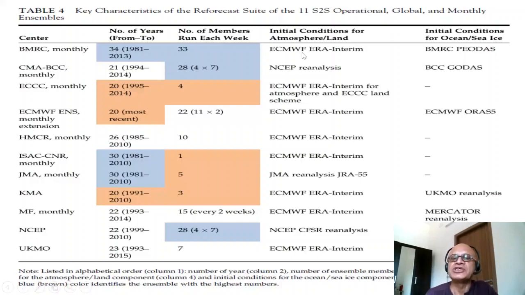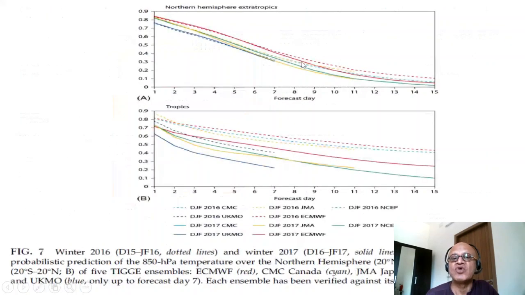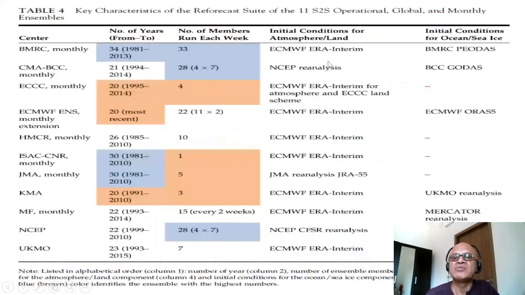So initial conditions for reforecasts, when you do this long integration in a hindcast mode: for ECMWF, the initial conditions for atmosphere and land, where do they come from? You are doing it in the past. So this is where forecasts and hindcasts differ, because here initial conditions in the reforecast mode are coming from reanalysis, which are themselves blended observation-model products.